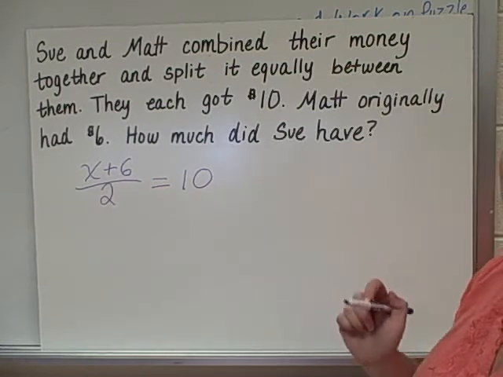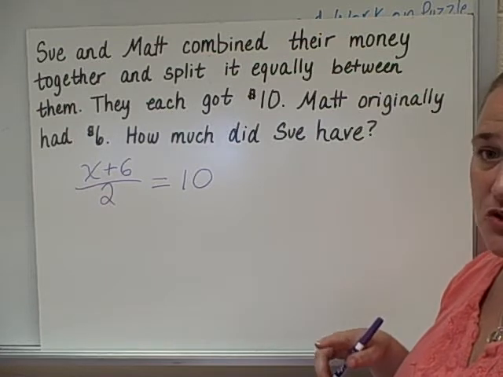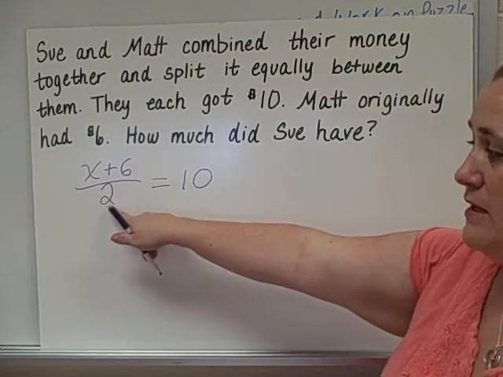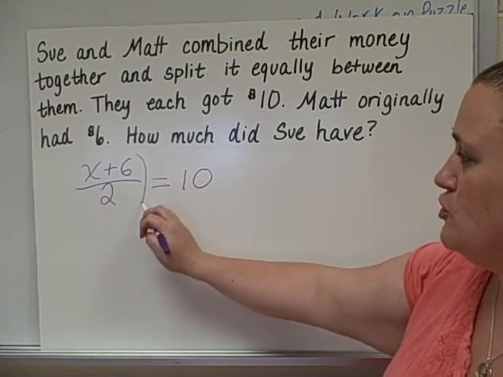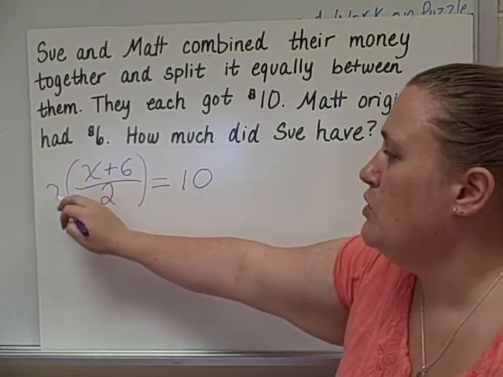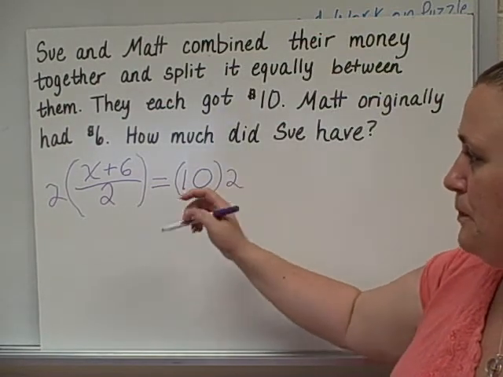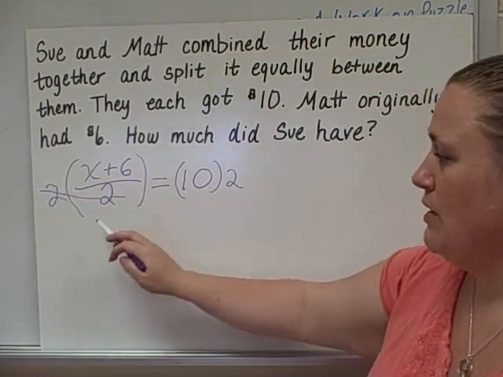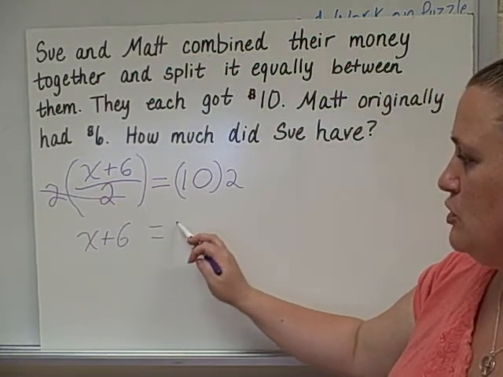give us that 10. Now, remember, like the first example, to move this divide by 2, we need to first multiply both sides by 2. Those cancel and we get x plus 6 equals 20.